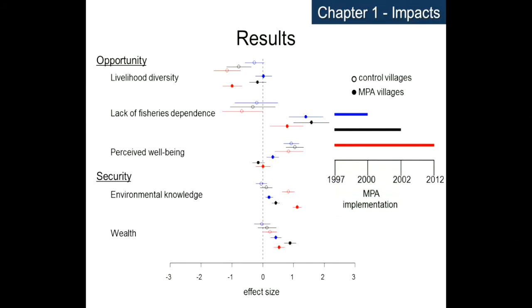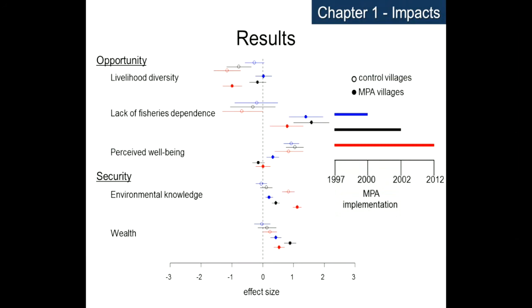The open circles are for control villages and the closed circles are for MPA villages, and the different coloured lines here represent the effect sizes for different time periods. For example, the blue lines indicate the effect sizes or changes in poverty over time from 1997 to 2000. The black ones represent changes in poverty from 1997 to 2002, so that was the implementation period.